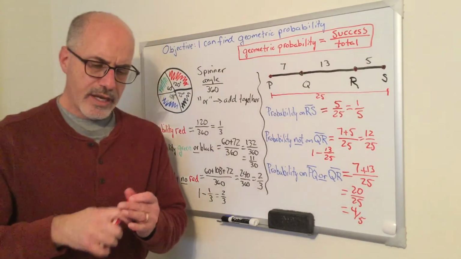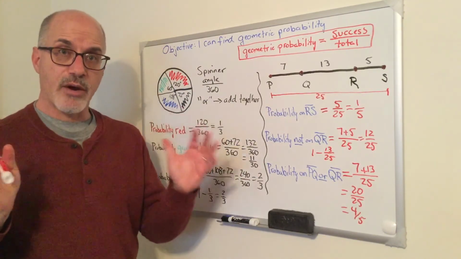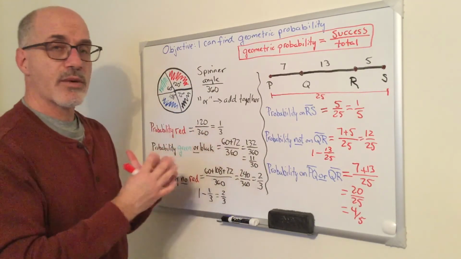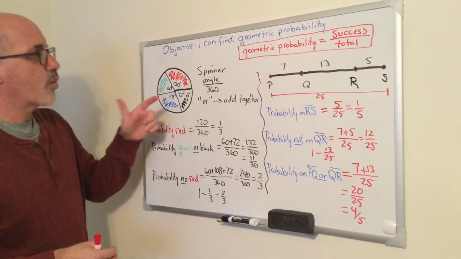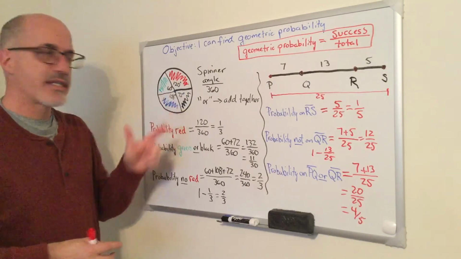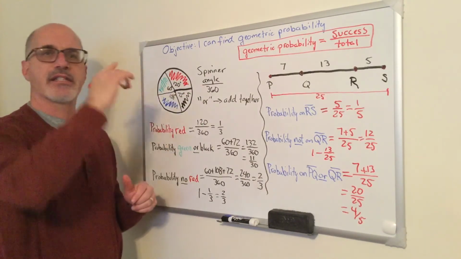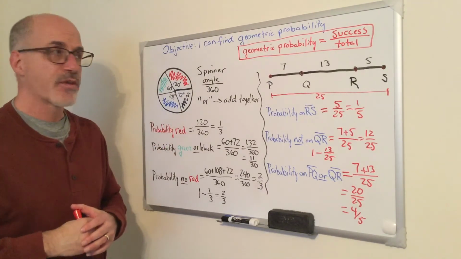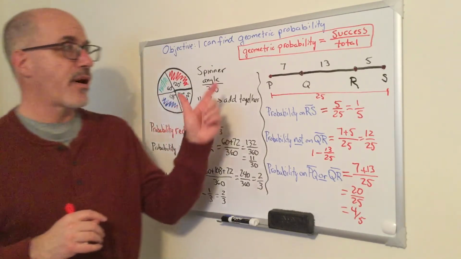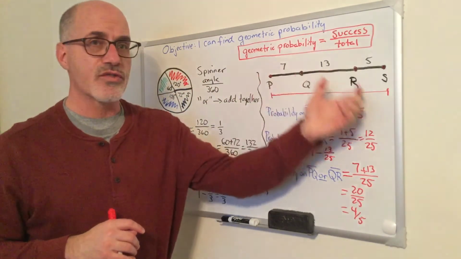So in our first lesson, we talked about how to do geometric probability with areas. Now there's two other types that we've talked through. What if we have this kind of spinner problem where you take the angle over 360, whatever success is, that angle, you put it over 360 because that's a full circle, and that will get you your geometric probability. Or the other type of problem is a number line type of problem where you're given values for it.